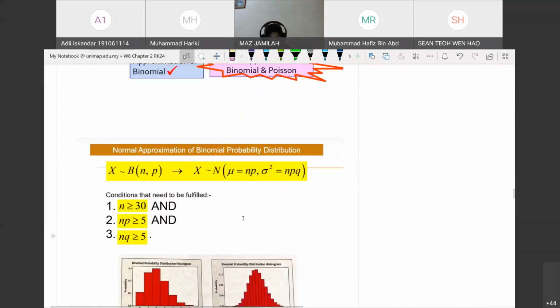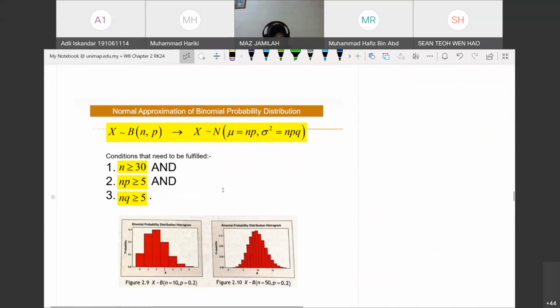Now, what if we have a binomial distribution and we can solve it using the normal probability distribution? These are all the conditions involved if you want to use the normal approximation of the binomial probability distribution.